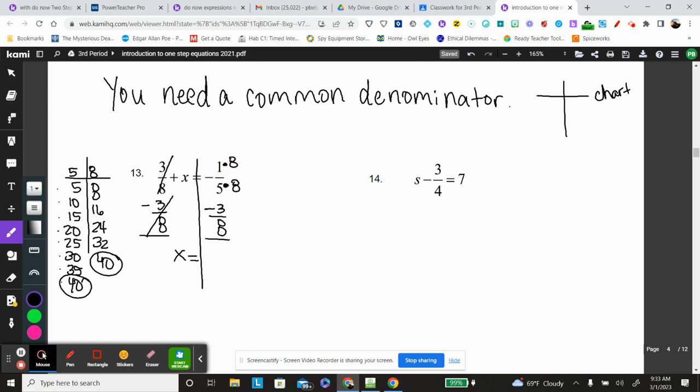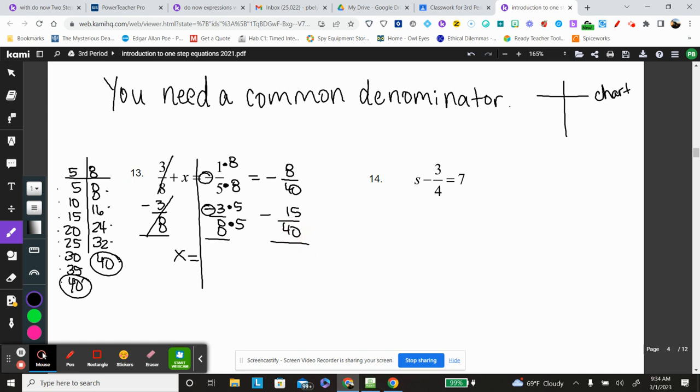Okay, have I lost anybody? That's why I said in the beginning of the school year, I can't teach you 7th grade without you knowing basic math. All right, what do I multiply 8 by? 5. So off to the side, keep your sign, negative 8 over 40, keep your sign, negative 15 over 40.